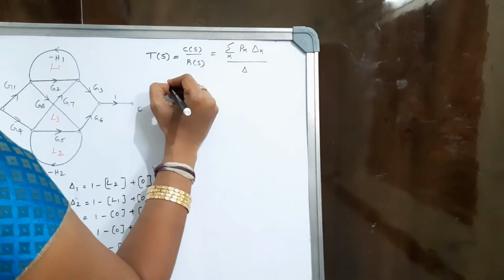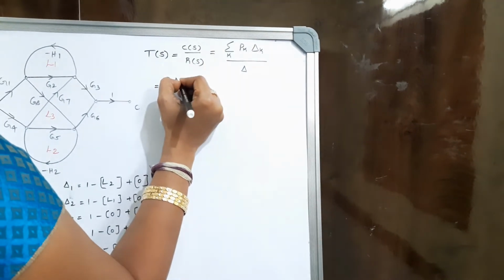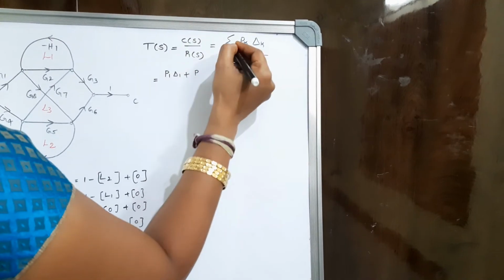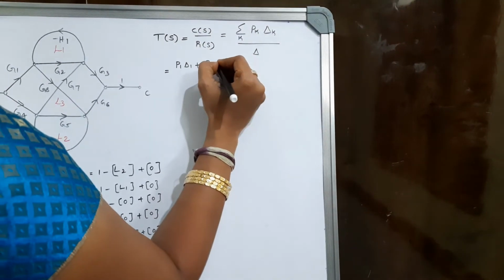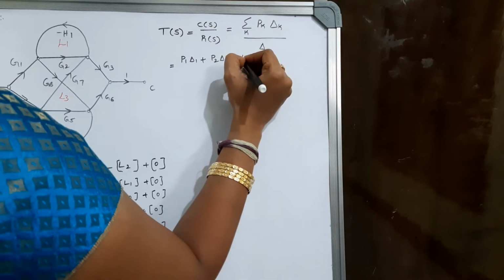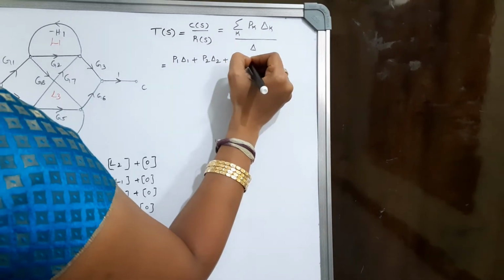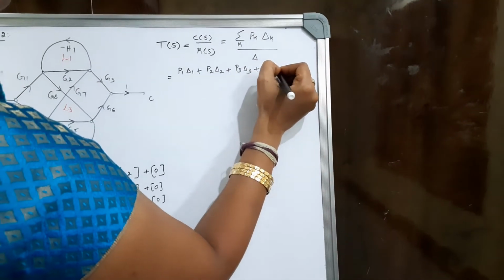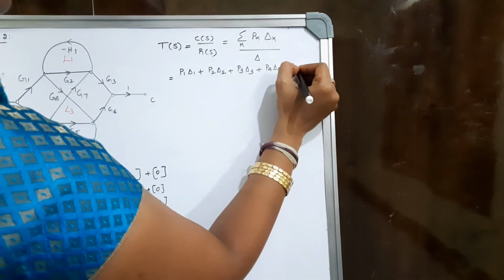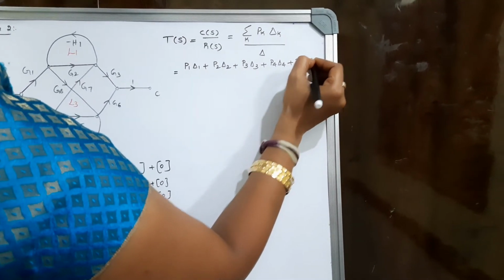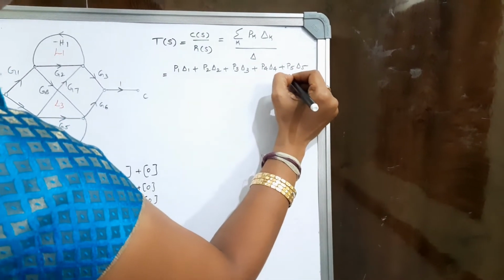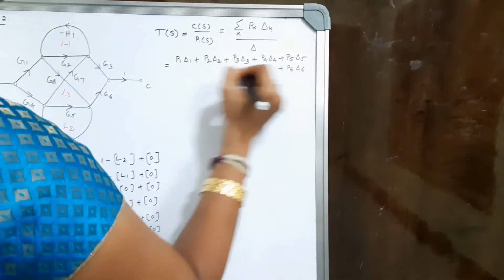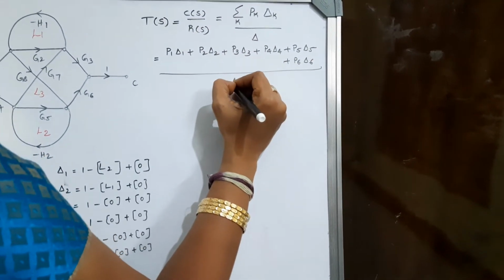So it is P1 delta 1 plus its summation, algebraic summation, P2 delta 2 plus P3 delta 3 plus P4 delta 4 plus P5 delta 5 plus P6 delta 6 upon delta.